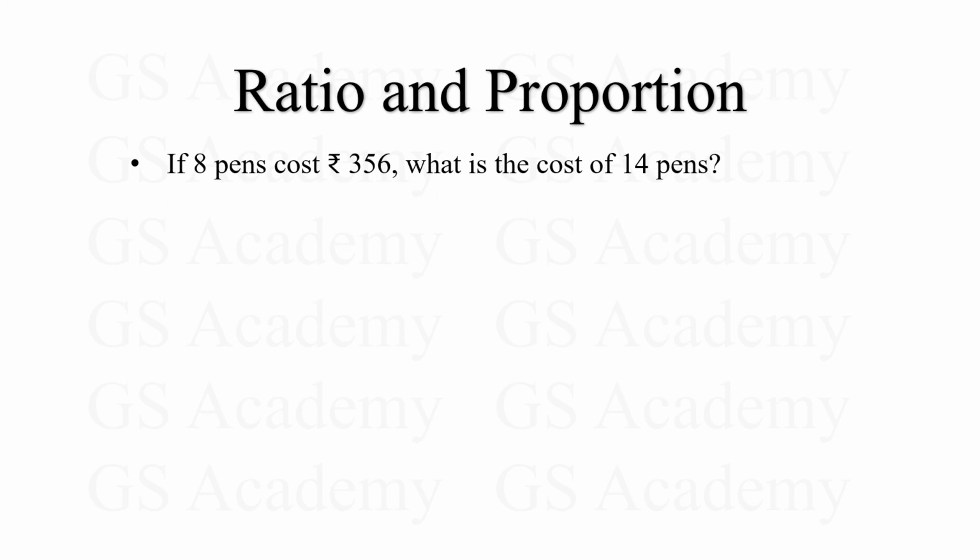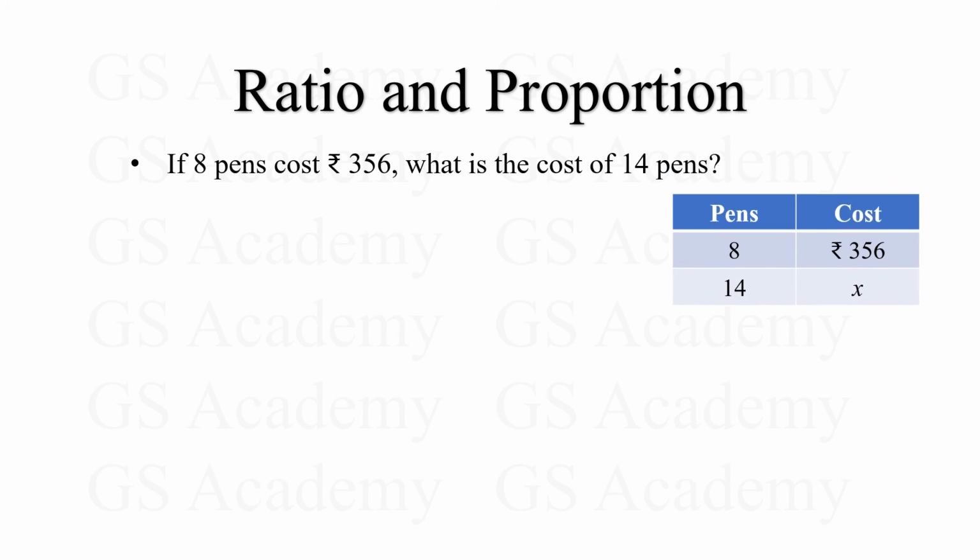Now let's see the next question. If 8 pens cost rupees 356, what is the cost of 14 pens? So again we will make the chart. First parameter will be pens and next will be cost. So cost for 8 pens is 356 and cost of 14 pens will be X, as the value for 14 pens is missing.